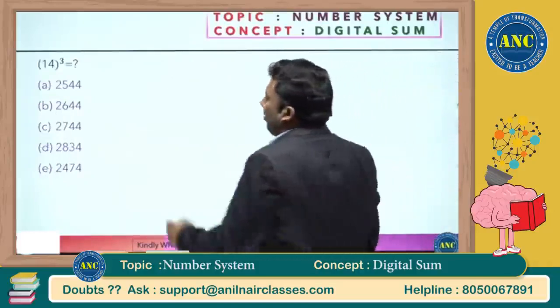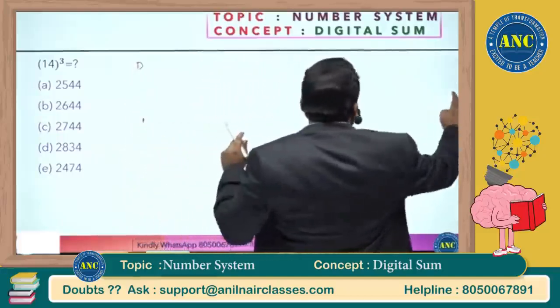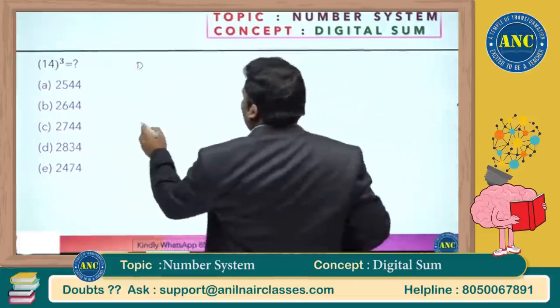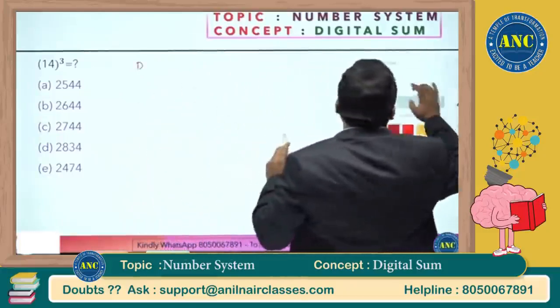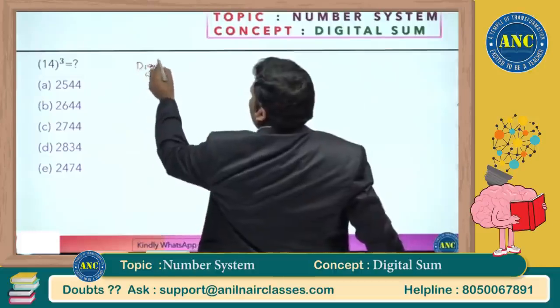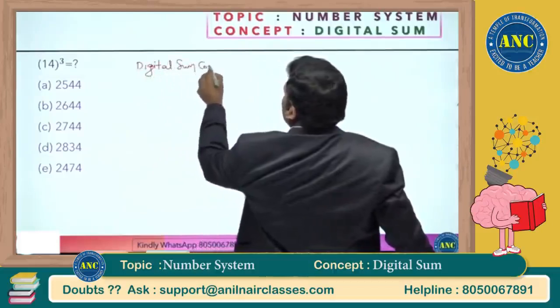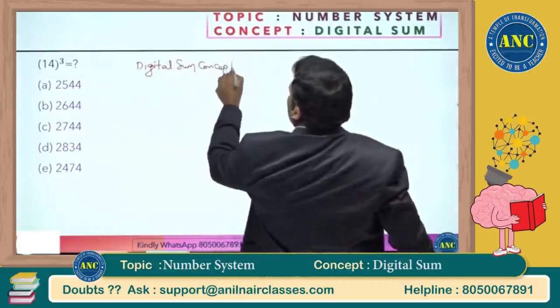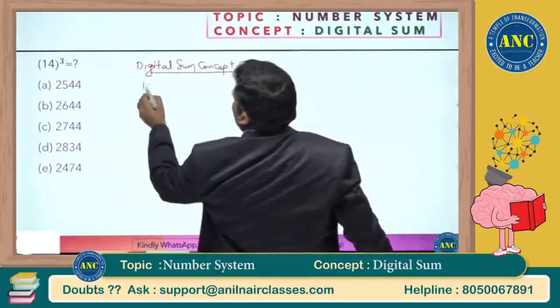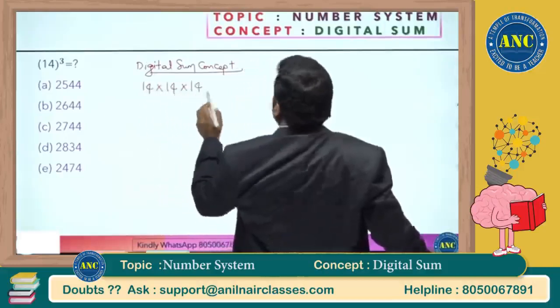Now see here, 14 cube. First, apply the digital sum logic. Step by step, problem by problem, my students will learn all the concepts, including the digital sum concept. If I go by the digital sum concept, 14 into 14 into 14.